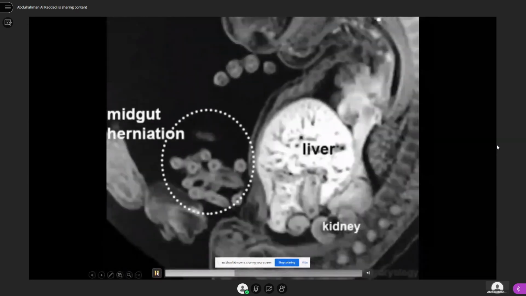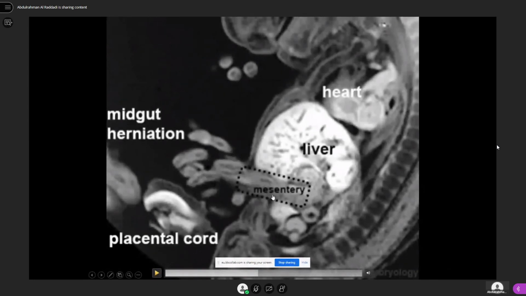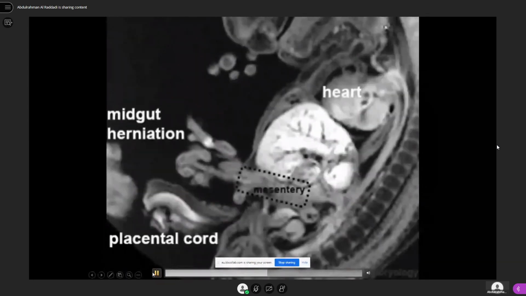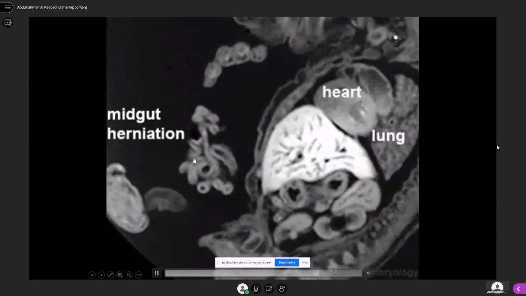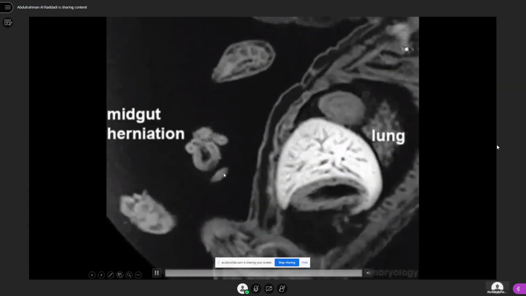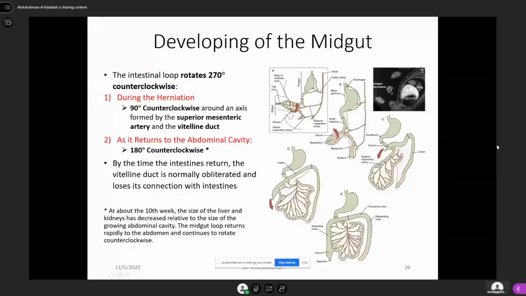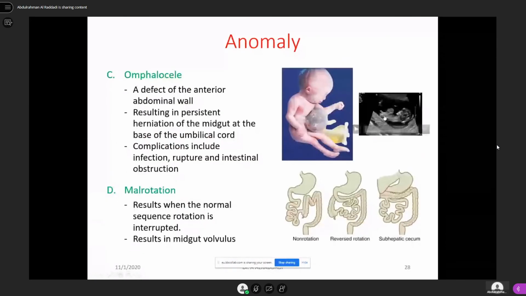So this is the mesentery, and you can see this is the midgut. This is the midgut during the herniation. Here we can see an infant with omphalocele that affects the herniated midgut, which will be sustained outside of the body.